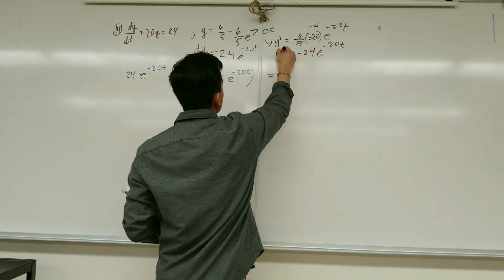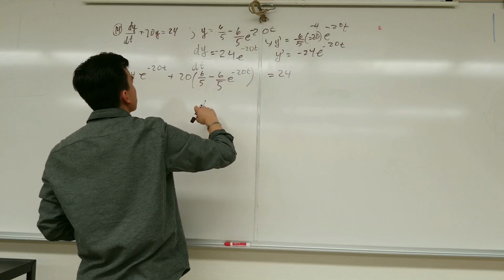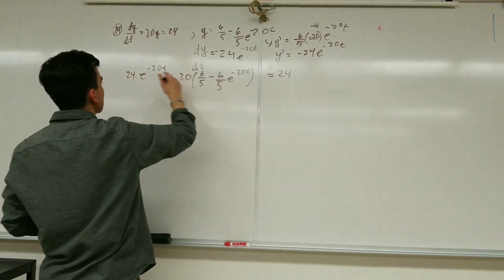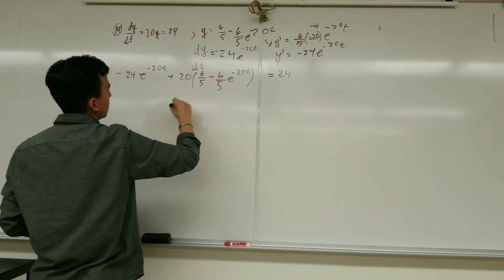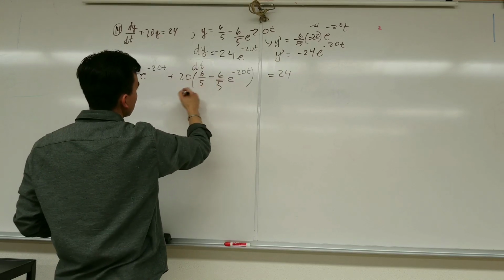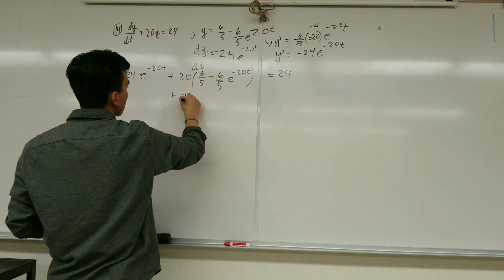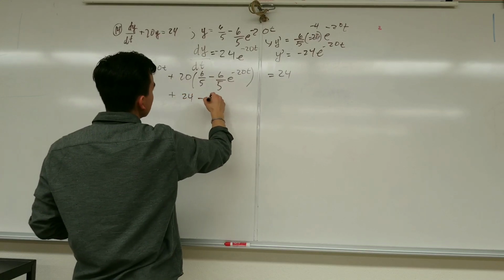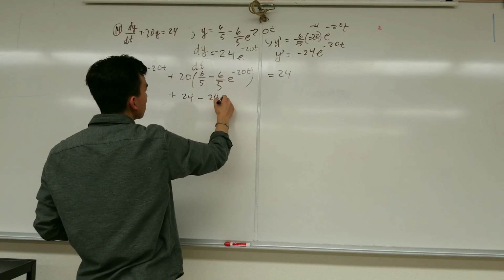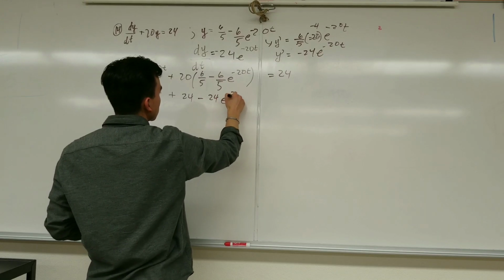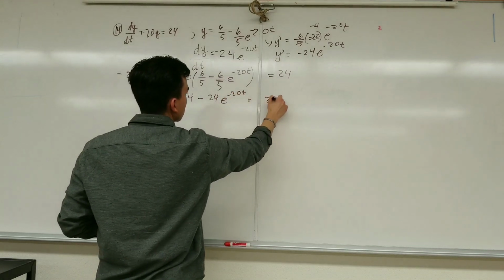And that's how we get our y prime. Okay, so we're going to distribute that 20 there. So now we have plus 24 minus 24 e to the negative 20t, right?